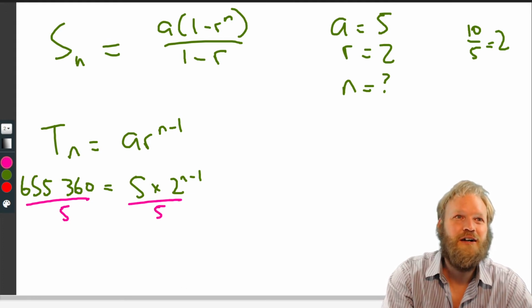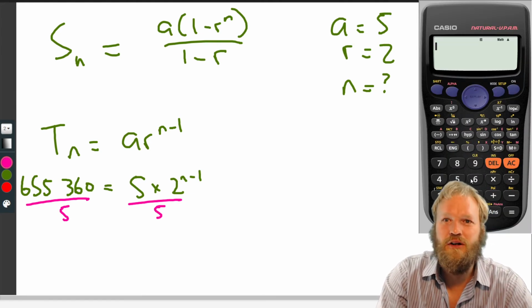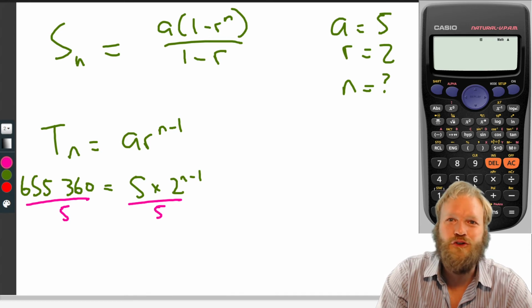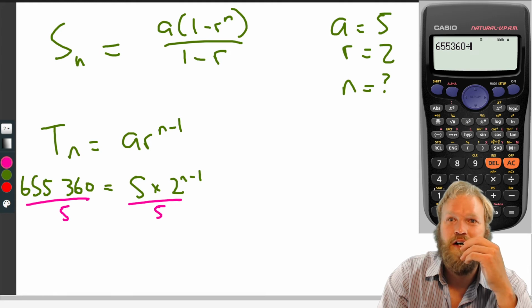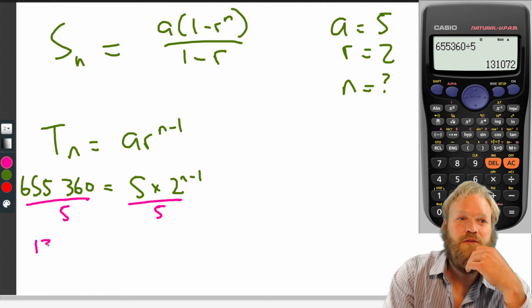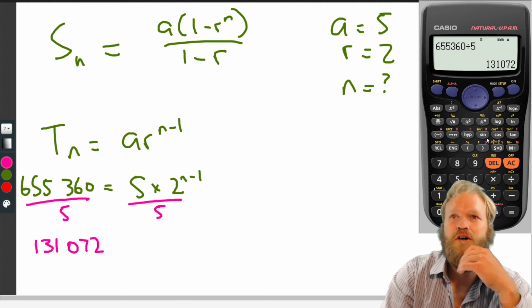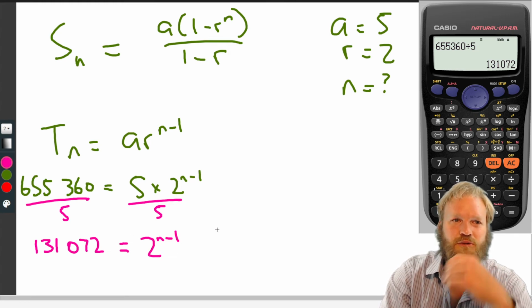Calculator is coming to my rescue and saying, well, 655,360 divided by 5 is 131,072. Okay, and that equals 2 to the n minus 1.